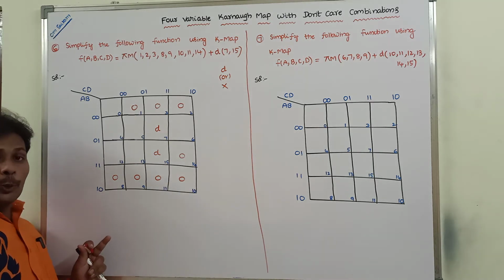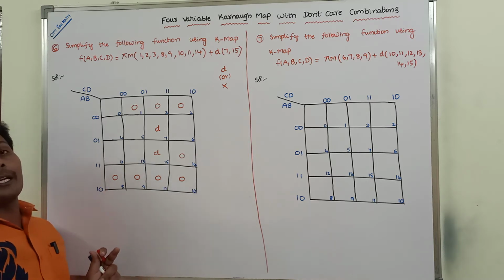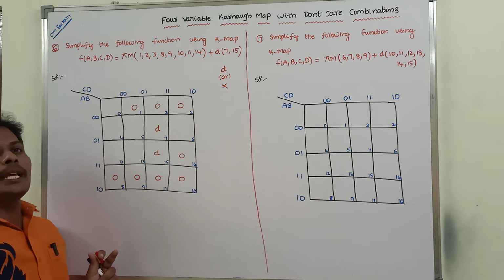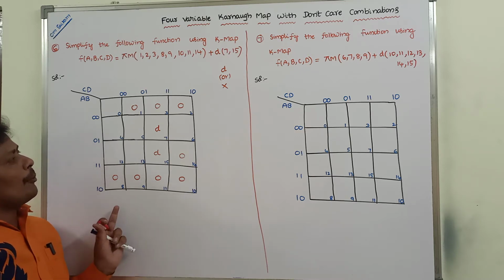Once we have inserted all the zeros and don't cares, first we have to check for octet. Octet means 8 adjacent zeros, or a combination of zeros and don't cares. Is there a possibility of getting an octet here?